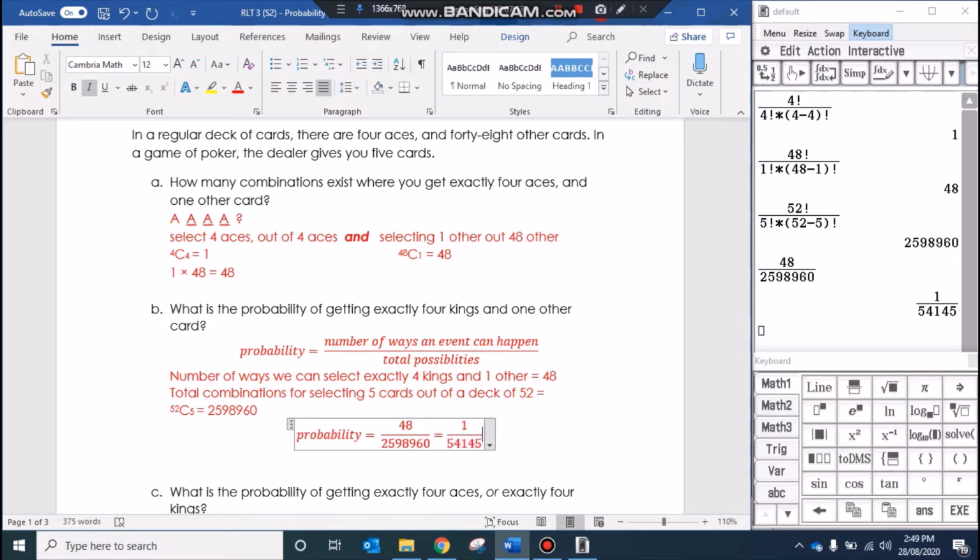That was just luck, I guess, that this number was actually a factor of 45. That's interesting. So that is our probability of getting exactly 4 kings on one of the cards.